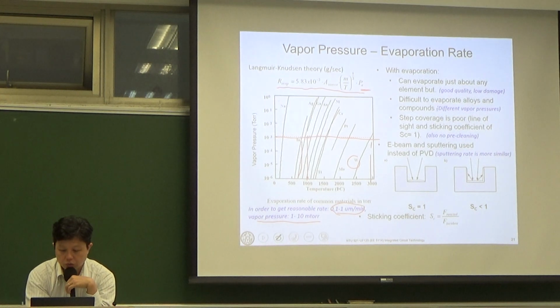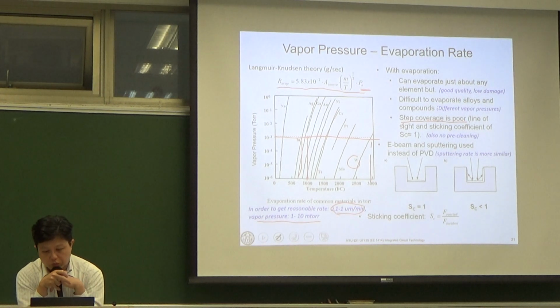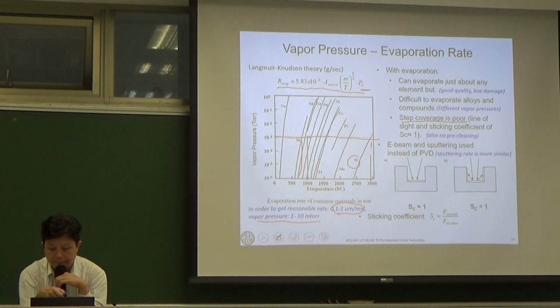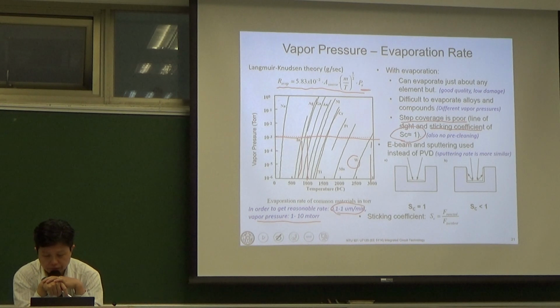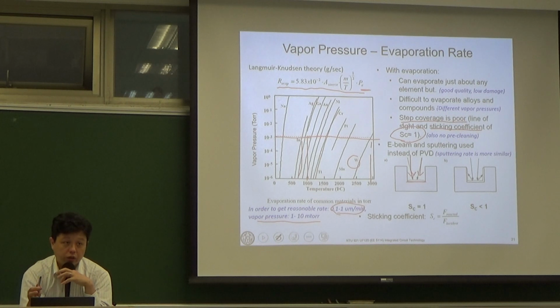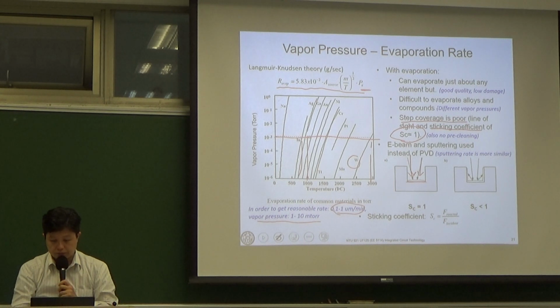Okay, and also, as we talked about before, evaporation gives you very poor step coverage because all the molecules travel in straight lines. And also there's a sticking coefficient, SC. So what is the sticking coefficient? If we evaporate something, this metal or something, and it deposits on the substrate and stays there, we call it a sticking coefficient equal to 1.